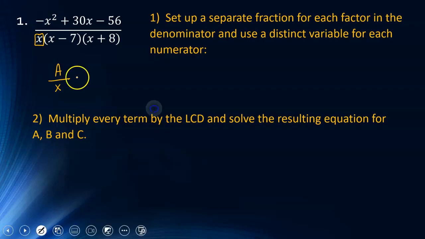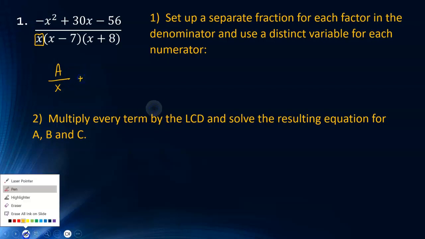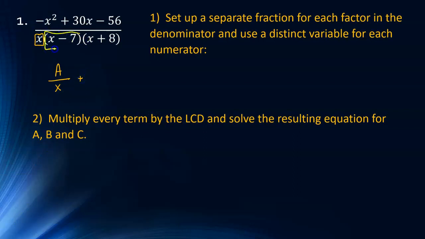Then we have another fraction with x minus 7 in the denominator. Again, give it a different variable in the numerator. Then the denominator with x plus 8, again picking a different numerator. And we set that equal to the original fraction.